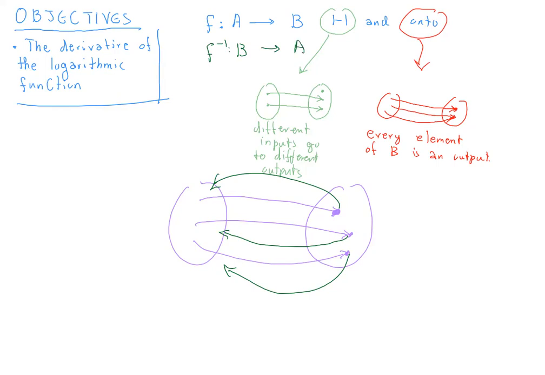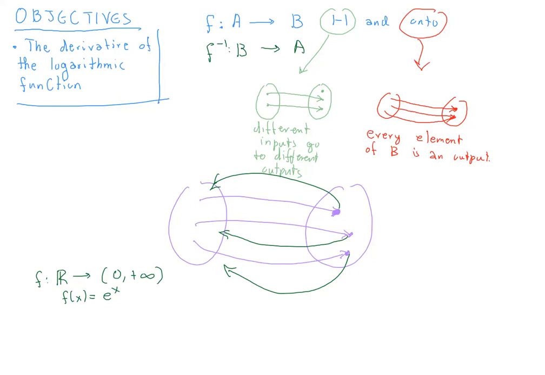Now, in our case, maybe the nicest example is the exponential function. The exponential function goes from R to the set of positive numbers. We never get a negative number this way, with f of x equal to e to the x.